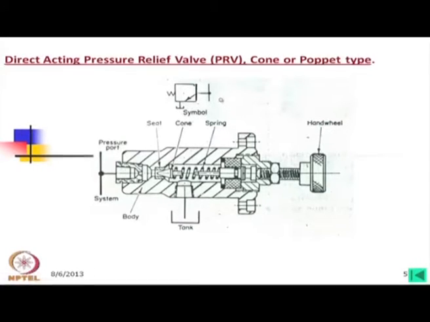Now, one important thing, look at the symbol. What symbol did we learn in the second lecture? This is different from that. As it is a direct one, there is no pilot line.